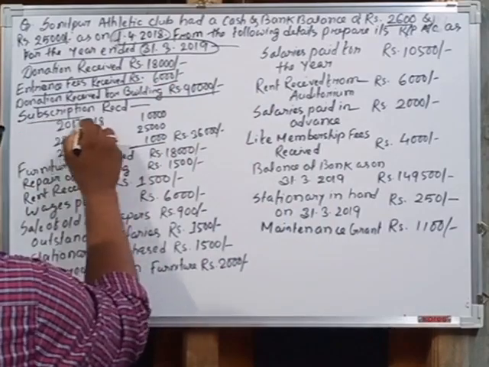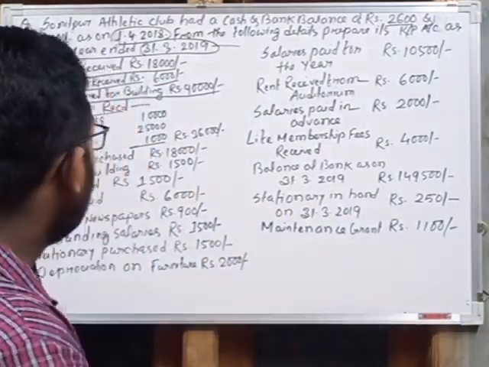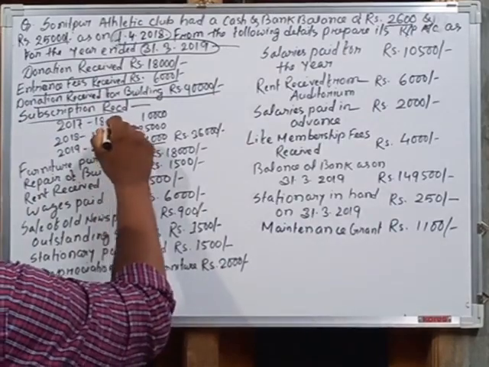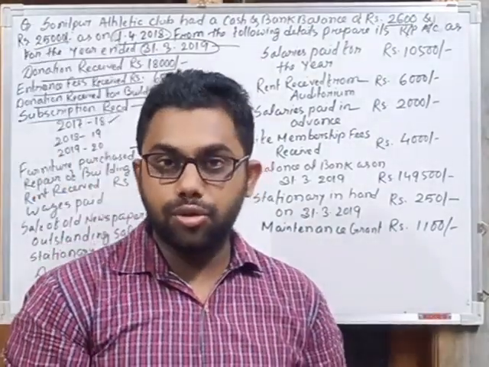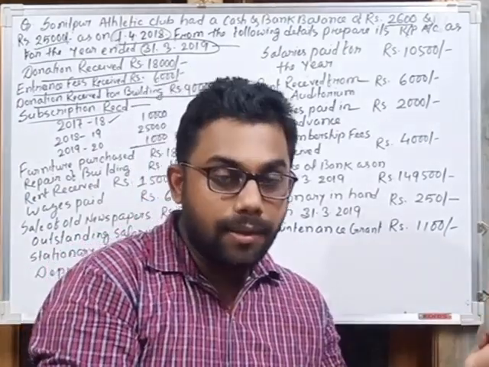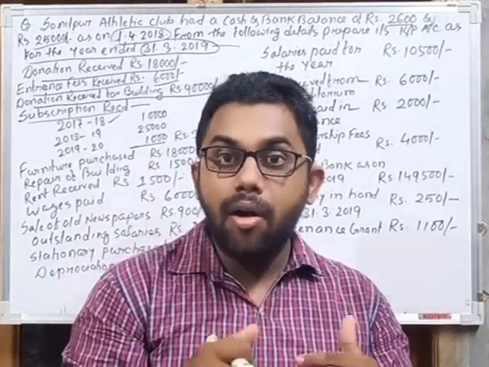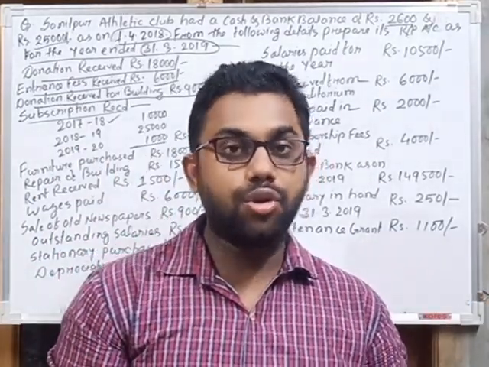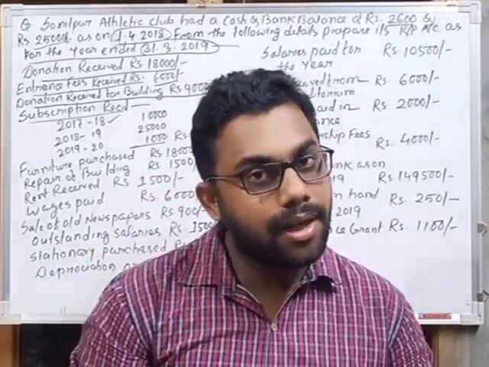Next, subscription receipt, which is the main source of income for the non-trading organization, for 2017-18. As our current accounting year is 2018-19, 2017-18 is the previous year. We received the subscription for the previous year, but the amount is received in the current year, so it will come in the receipts and payment account of the current year.